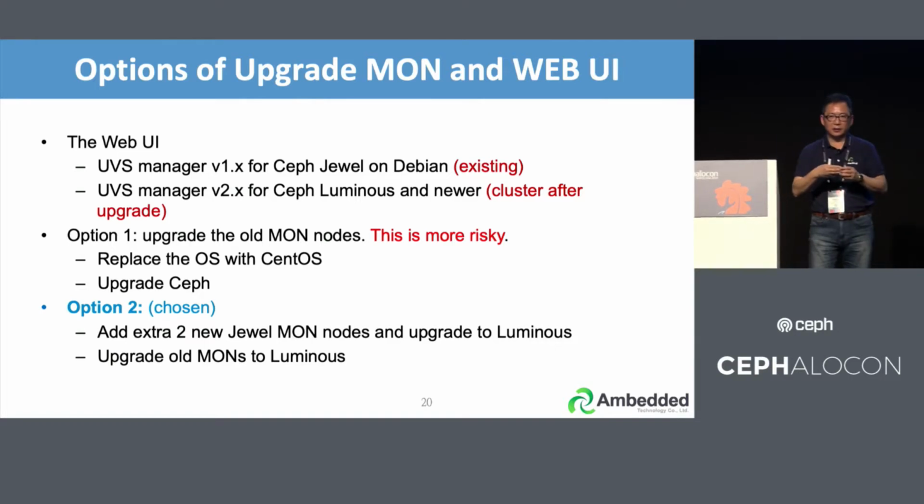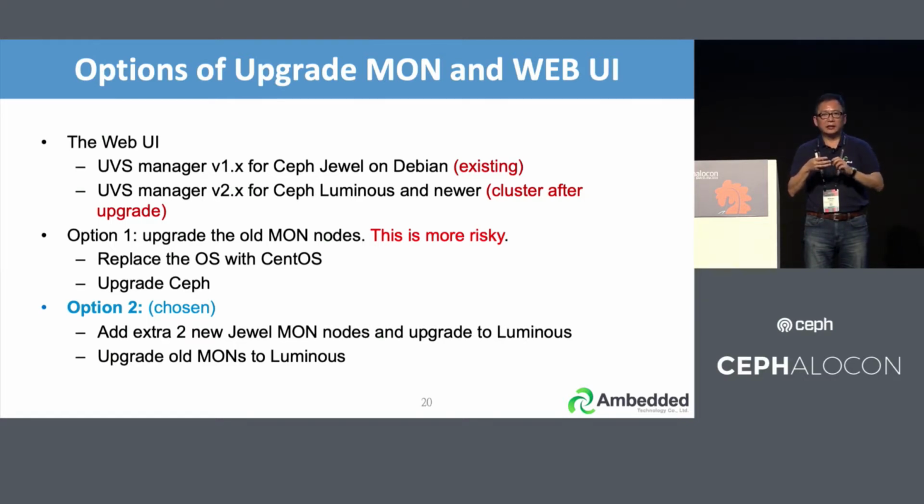The first option is that we migrate directly on the 3 old monitors from Jewel to the Luminous version, and also replace the OS. But this is more risky, we think.